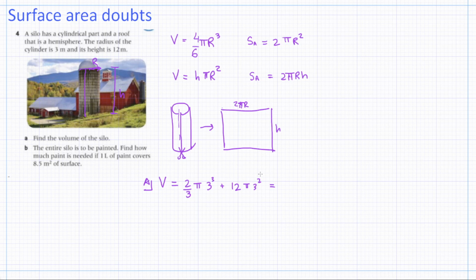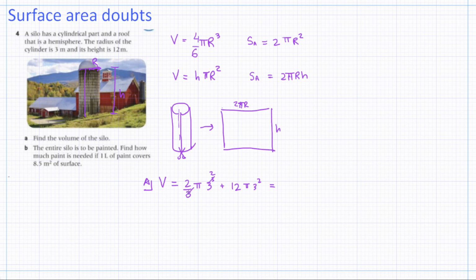So 2/3, let me get my calculator. So 2/3 pi times 3 to the power 3. We can even cross one of those 3's out, right? This is a square, and we can get rid of that.